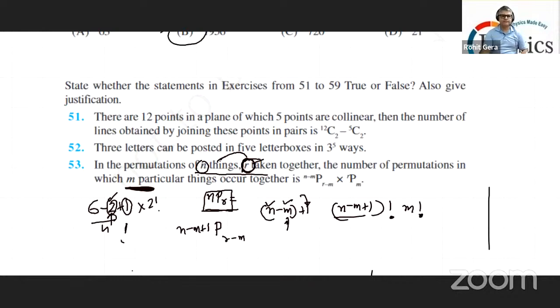NPR. Let's open this up. So this is N minus M factorial divided by N minus M plus R minus, no, minus R plus M. So M goes away, N minus R, and this is R factorial divided by R minus M factorial. So N minus M factorial, R factorial, and in the numerator you have N minus R factorial and R minus M factorial.